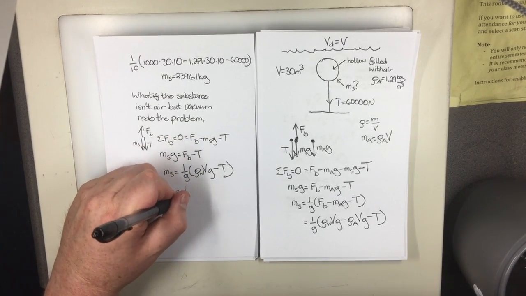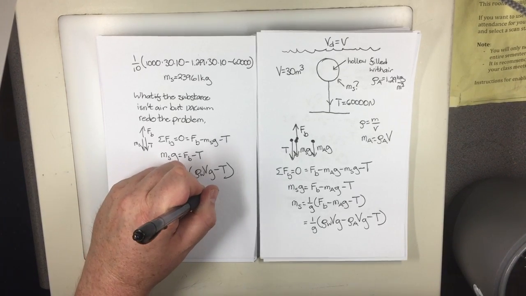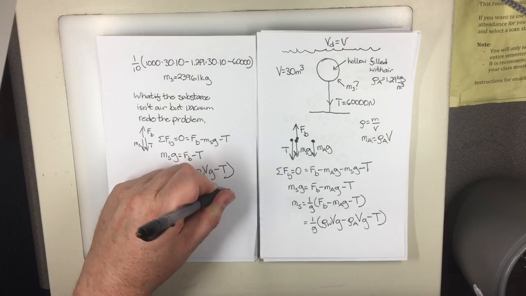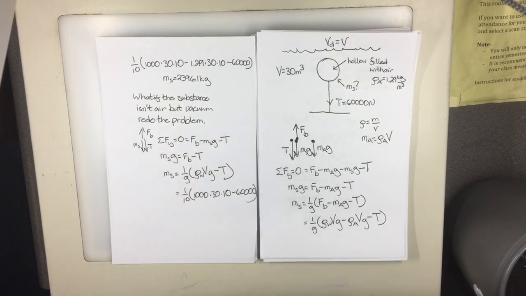That gives us 1 over 10, 1,000, 30 times 10 minus 60,000. So it's 300,000 minus 60,000 divided by 10.